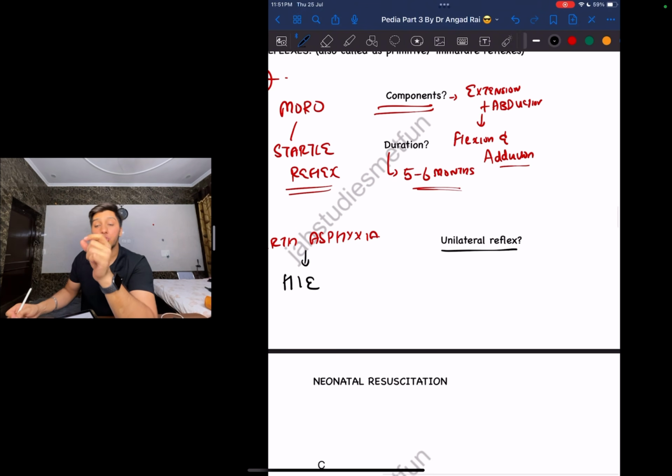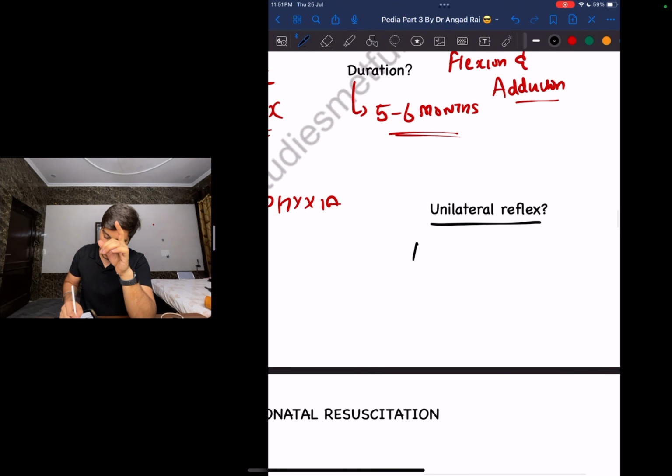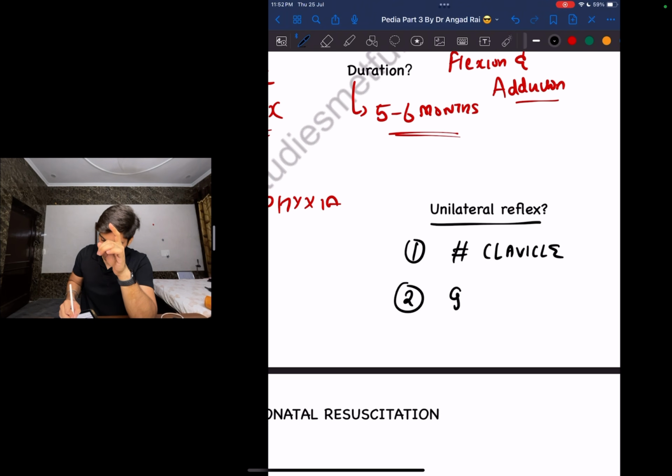If there is a unilateral reflex, meaning one hand is able to do it and one hand is not, one cause can be fracture of the clavicle. Another cause can be injury to the brachial plexus.